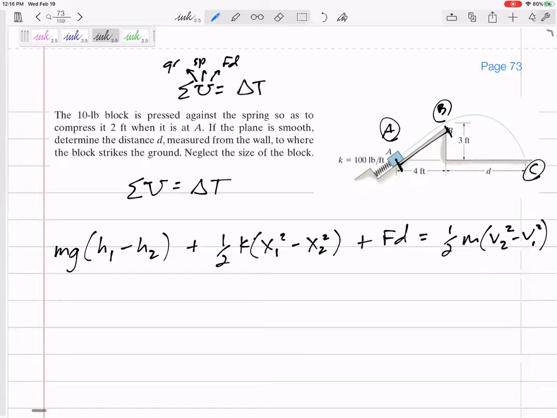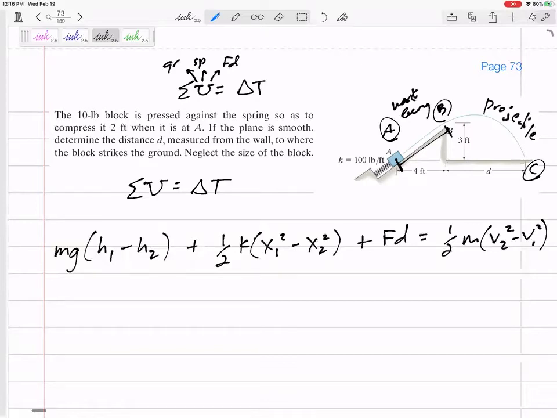Let's do work energy from A to B, and then we can do projectile from B to C, and then those projectile equations, we can get the X distance, the X position. Okay, I don't know if that's obvious, but that's what we're going to do. Break this up into sections, and this section A to B, I can use work energy, but then from B to C, it's a projectile.